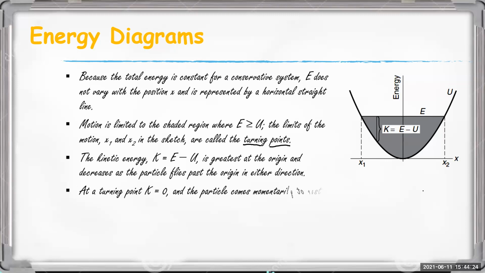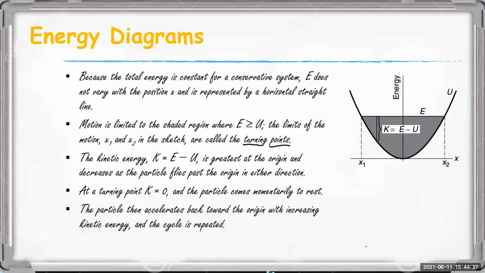At the turning point, kinetic energy is 0 and the particle comes to rest. Then the particle accelerates back towards the origin with increasing kinetic energy, and the cycle repeats.